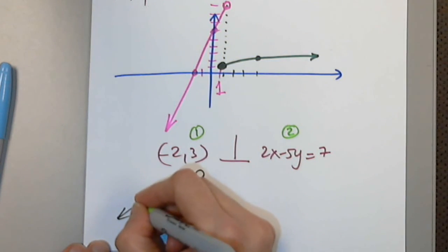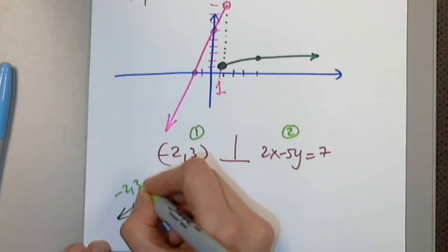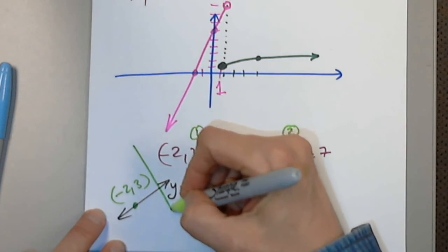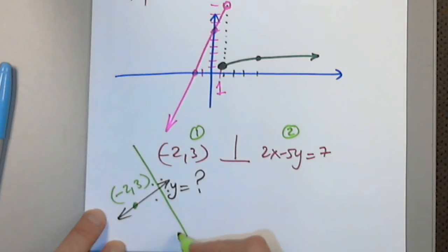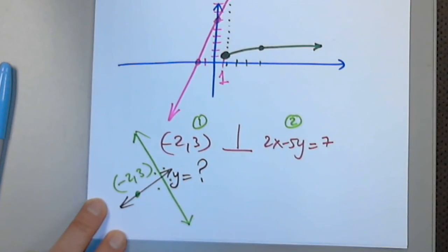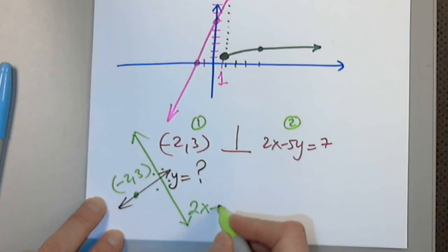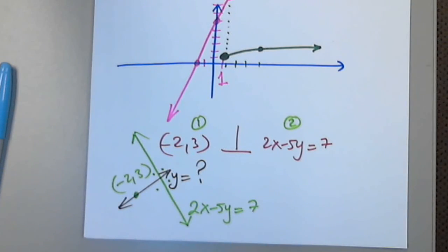The first piece tells me that somewhere along the line, I find this point, or if you want, the line passes through it. Fine. Then I have the second piece of information that says that there is a line that is perpendicular to the one I don't have, whose equation is 2x minus 5y equals 7.